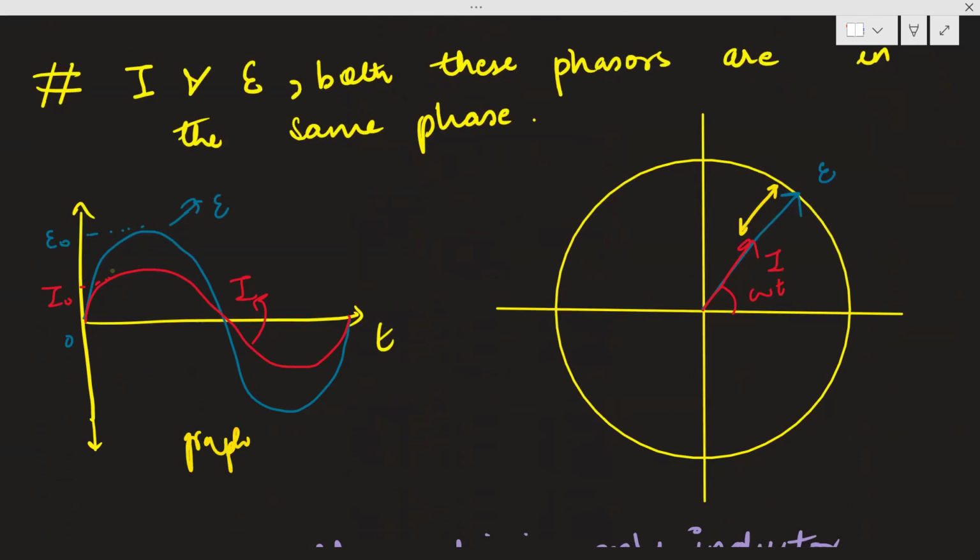You can observe here, the graphs are overlapping in terms of the angles. This is also starting from here, this is also starting from here. This can be varied depending upon the case. In this case it will be the same. Likewise, the current and EMF will also be like this, in the same phase.